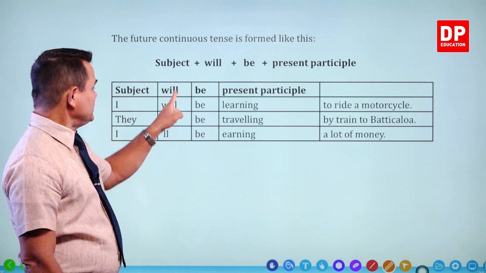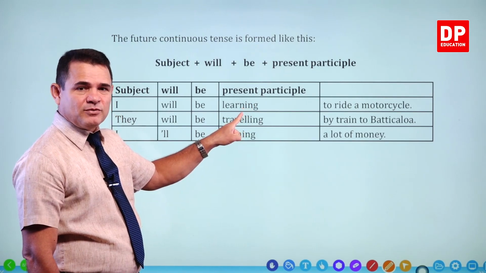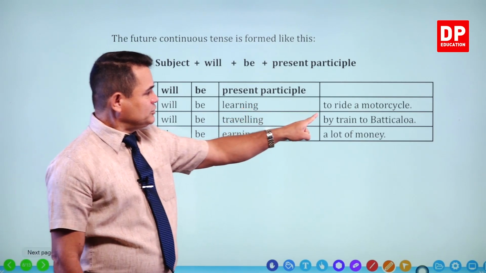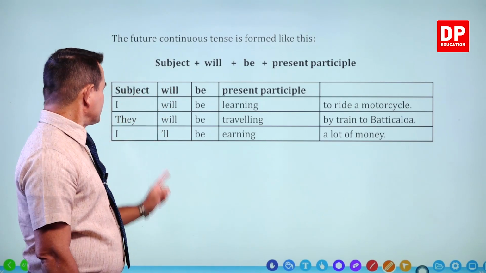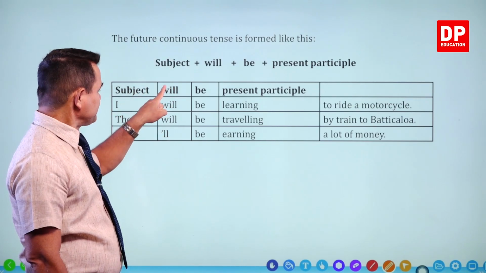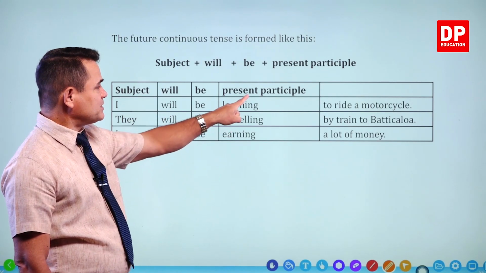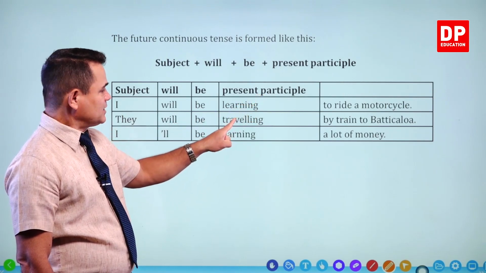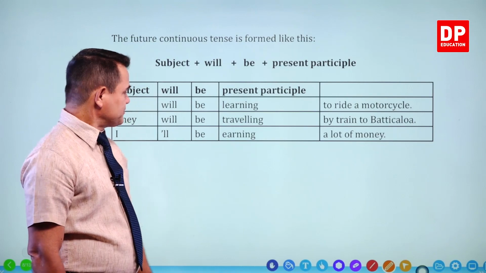I subject, will be, present participle means ing form of the verb. To ride a motorcycle. They is the subject, will be, and the verb ing form, that is called present participle. ක්‍රියාපදයේ ing ස්වරූපය. By train to Batticaloa.